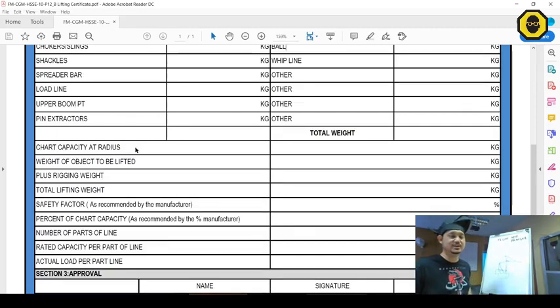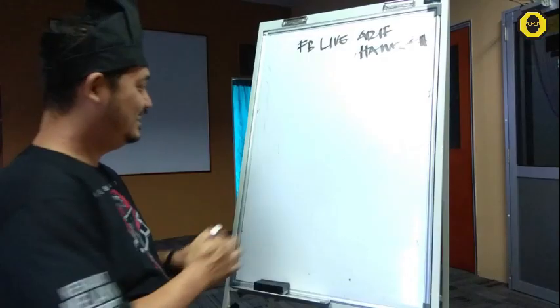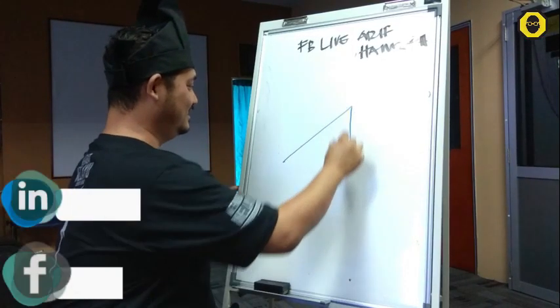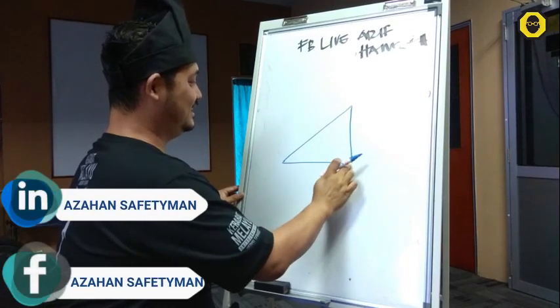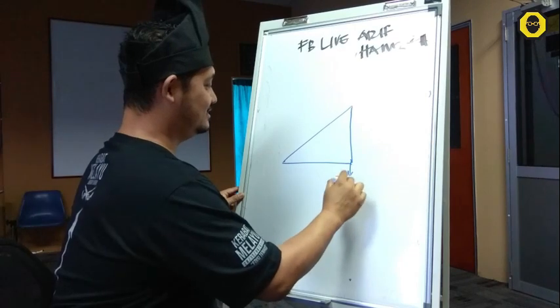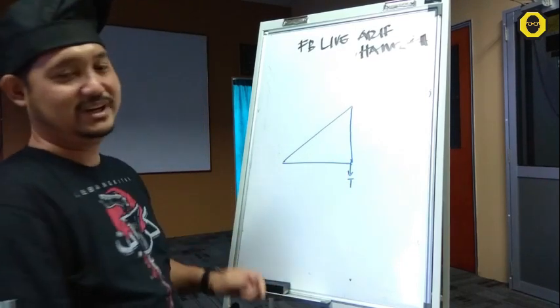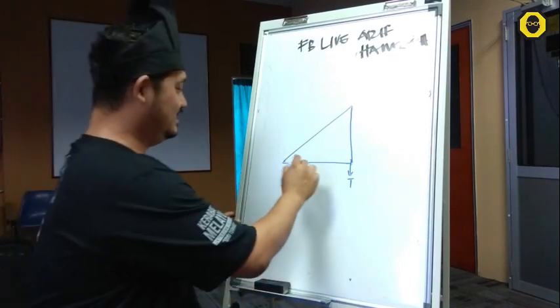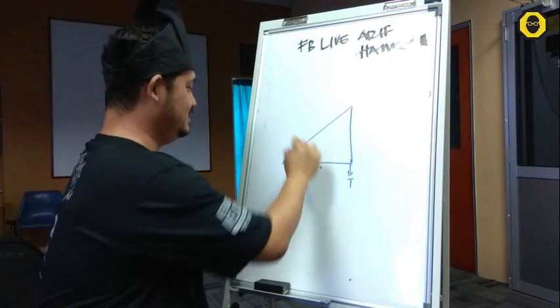The next information that we need to put inside this lifting certificate is the chart capacity at radius. Why do we need the chart capacity at radius? Because each crane has a specific load that can be carried at a given radius and boom length.